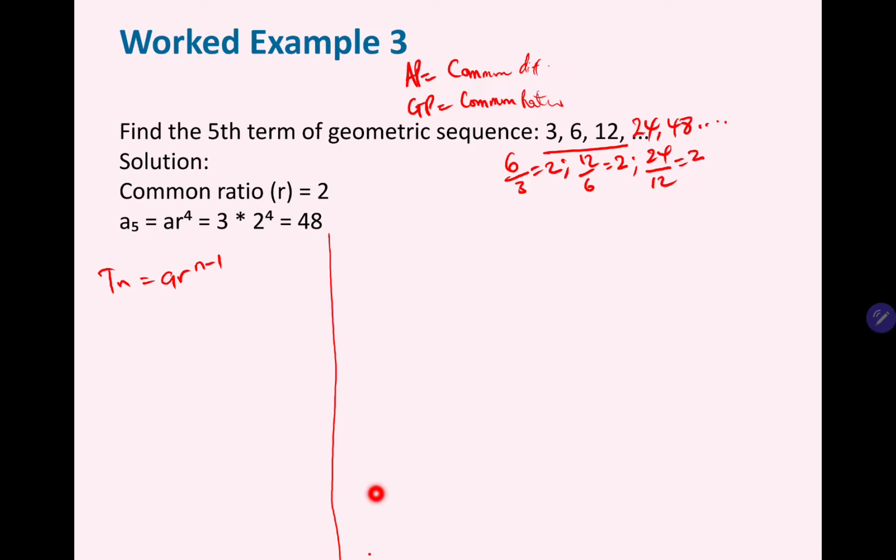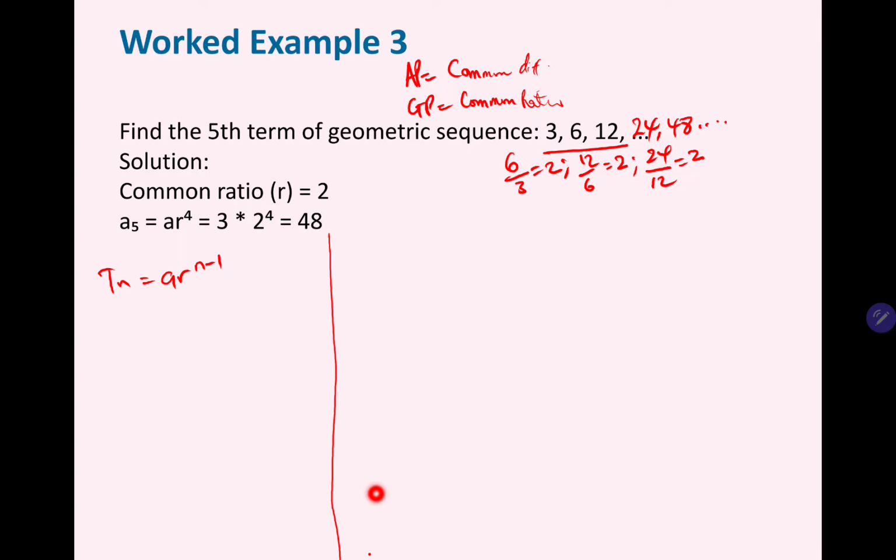You remember when we did our indices, exponents, yeah? So a, which is the first term, multiplied by the common ratio exponent n minus 1. N is the number of the term you are actually looking for.